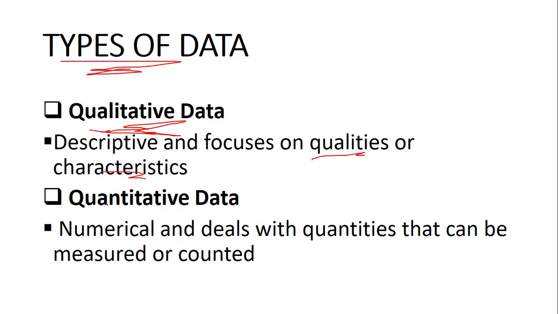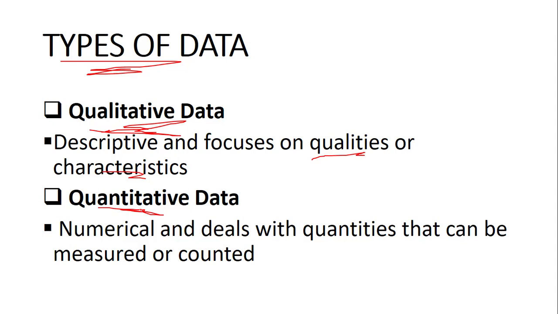But now, quantitative data is more numerical. It deals with numbers, it deals with measuring, it deals with counting. And that's the major distinction between qualitative and quantitative data. So qualitative data is more subjective. It focuses on qualities and characteristics.